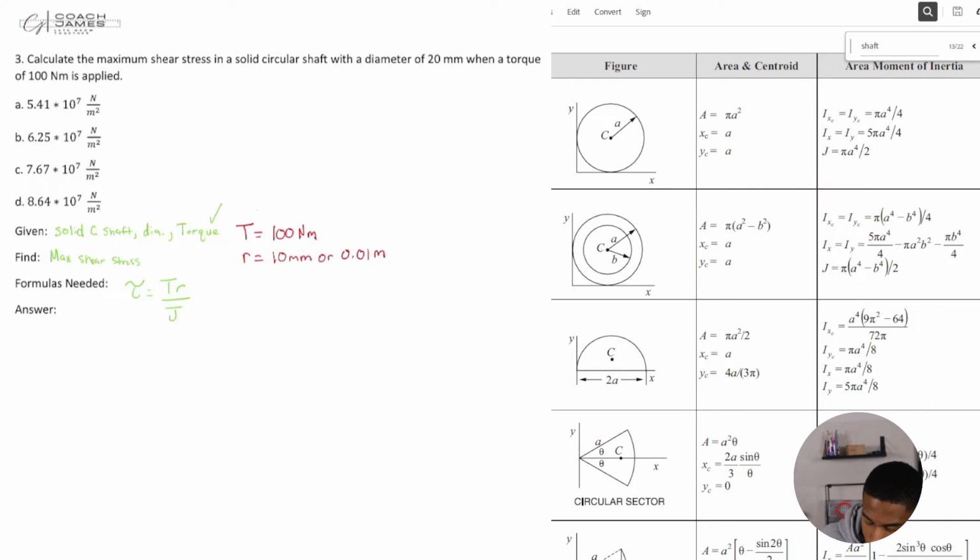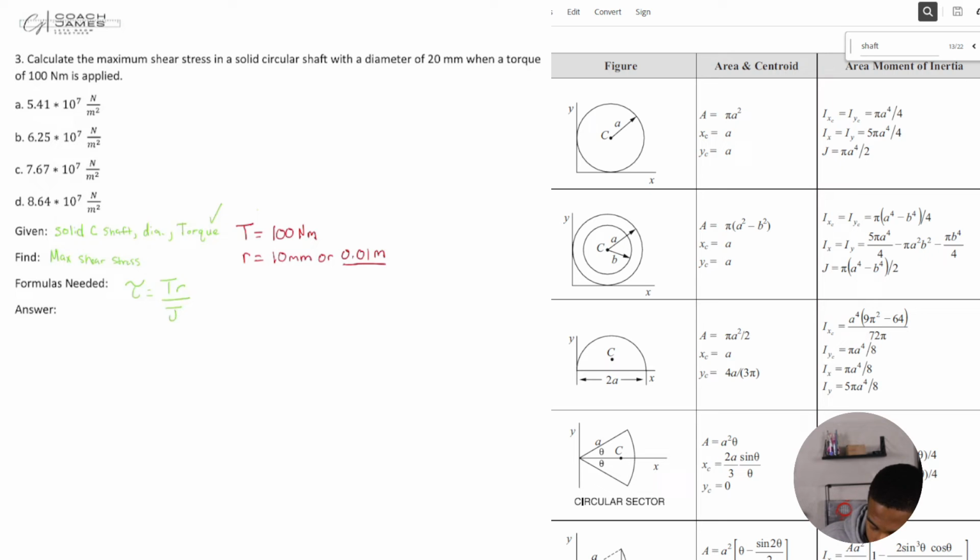I want to get everything in the same unit, so 100 Newton meters and 0.01 meters. That way things can cancel. I typically do that.